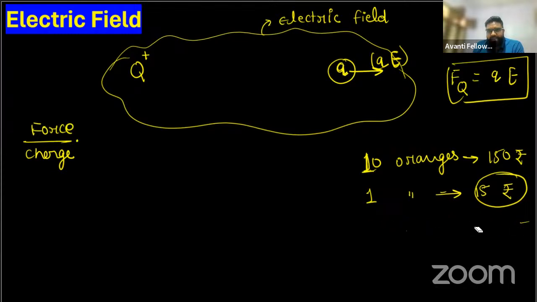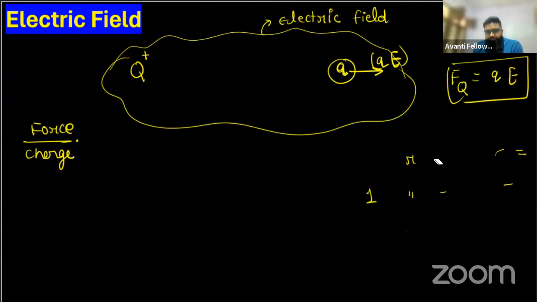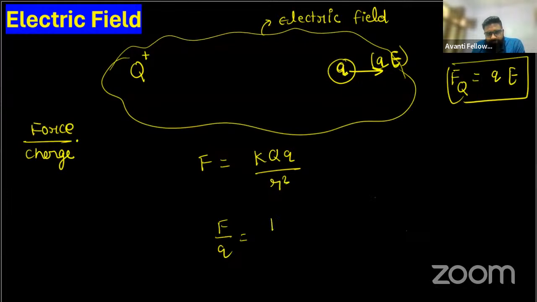Similarly, what we have taken here, इन दोनों के बीच में फोर्स क्या होगा? K capital Q small q upon r square. Now, if I divide this expression by small q, it will become K capital Q upon r square. Now, this is the force per unit charge.